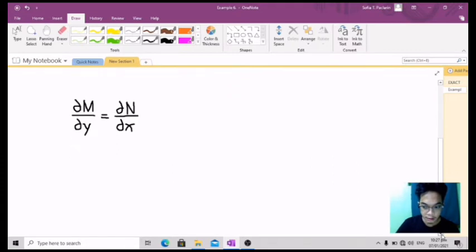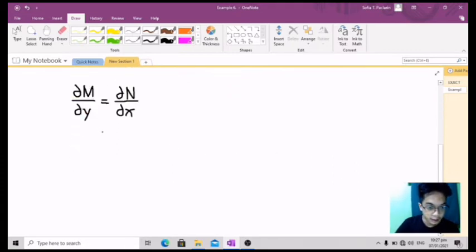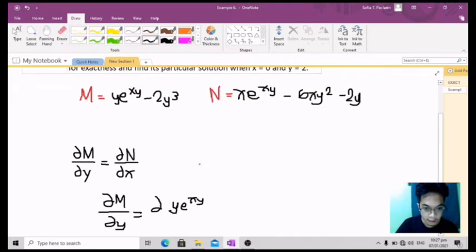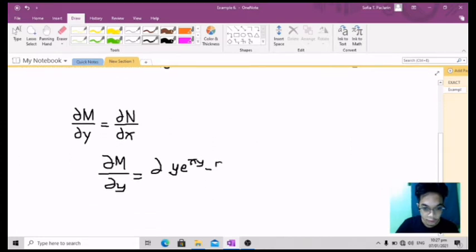First, the partial derivative of M with respect to y is the partial derivative of ye raised to xy minus 2y cubed with respect to y.